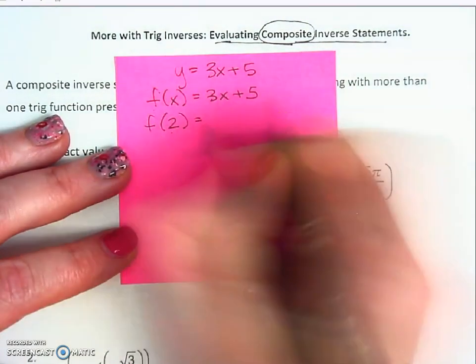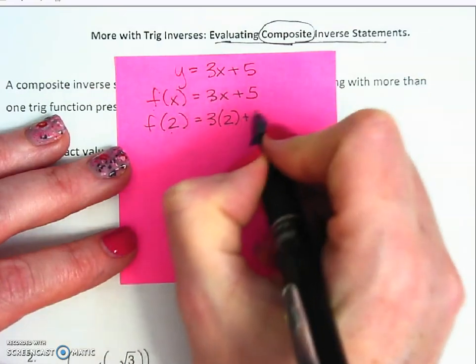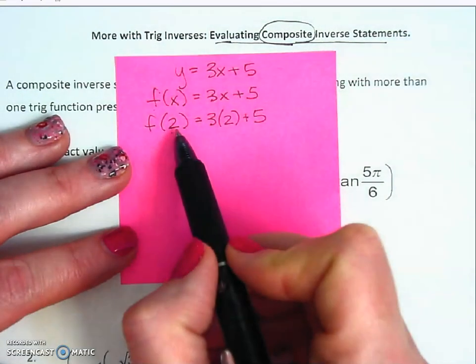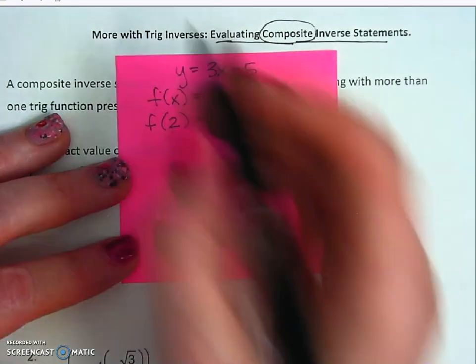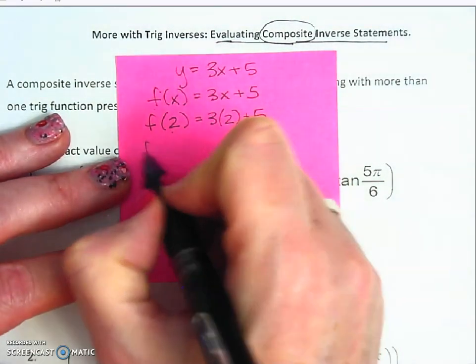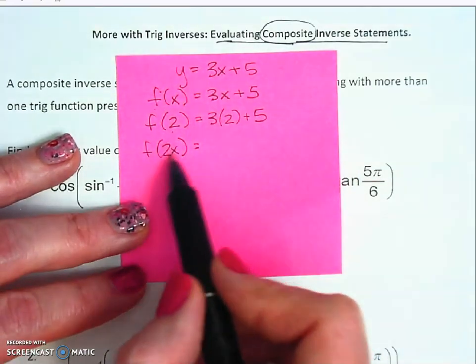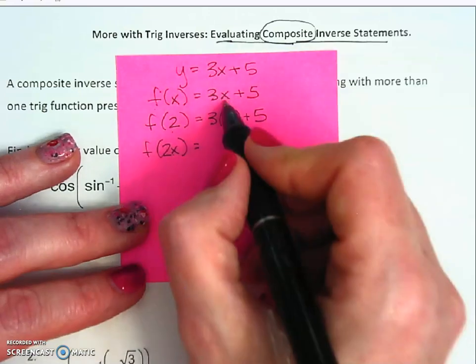So that means everywhere I see an x in the equation, I'm going to replace it with a 2. Now, this is an integer, but I can substitute algebraic expressions as well. So for example, if instead of 2, I had 2x, well, that just means whatever's in the parentheses, the 2x, now gets substituted into the equation where the x is.